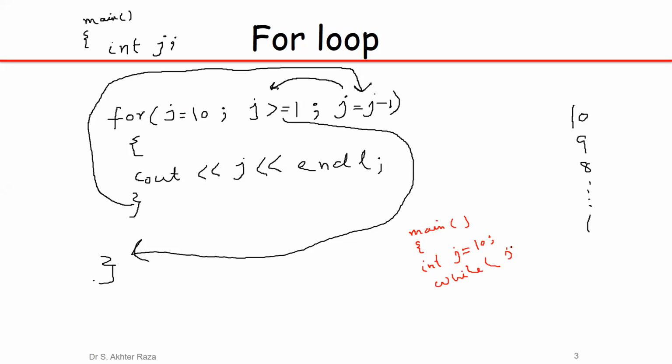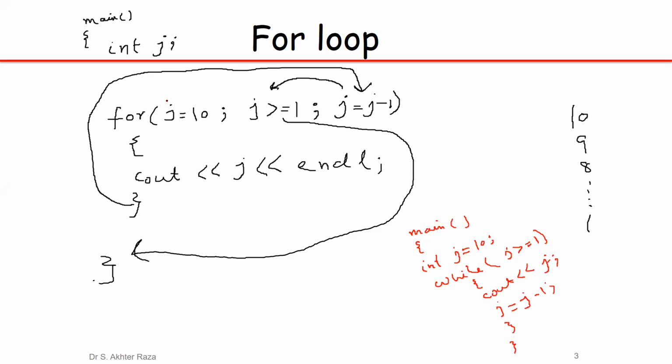Condition is what? J is greater than or equal to 1. And in the bracket, you have to write down the cout j and a semicolon. Then one thing is to be placed here, which is j is equal to j minus 1. And program closed.